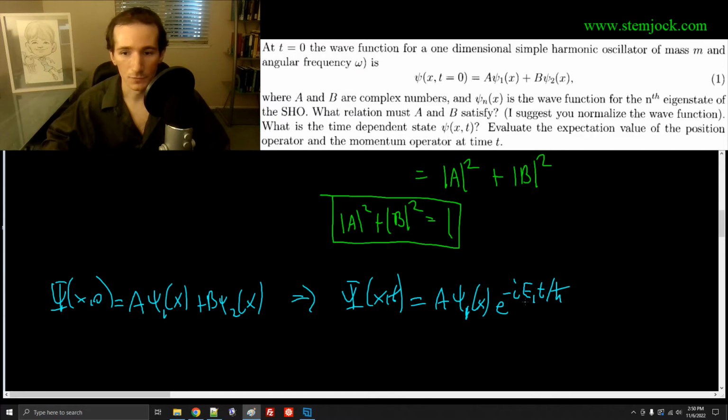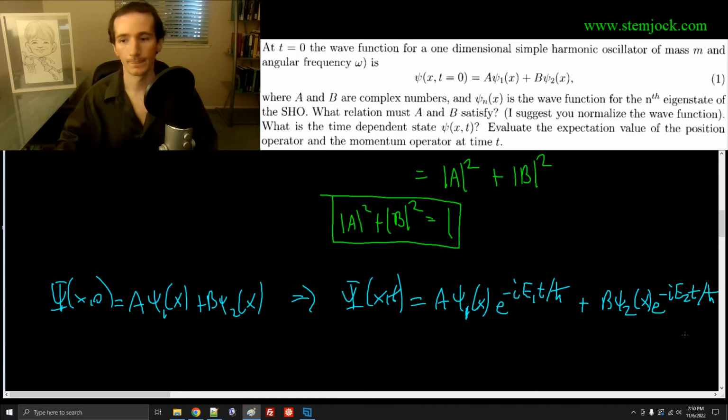And I use e1 here because this is psi 1. This is for the first eigenstate, and plus, now the second term, b psi 2x. I multiply this by the appropriate wiggle factor. So because this is a 2, I'm going to use e to the minus i e2 t over h bar. So this is 2 because this is 2.